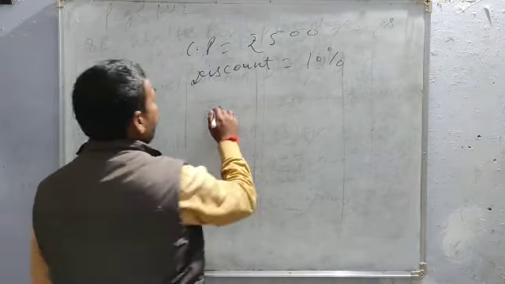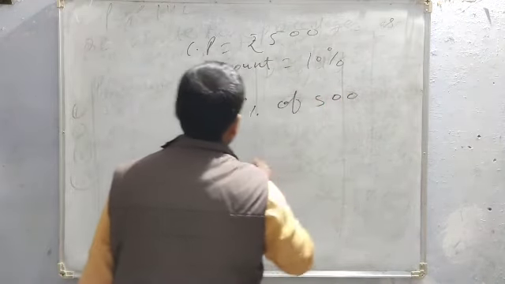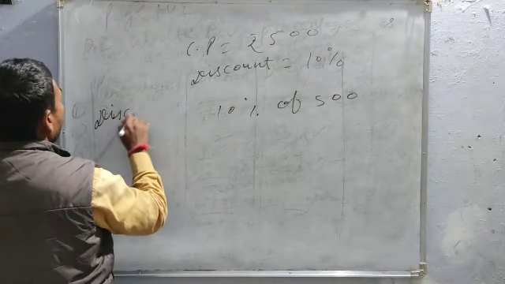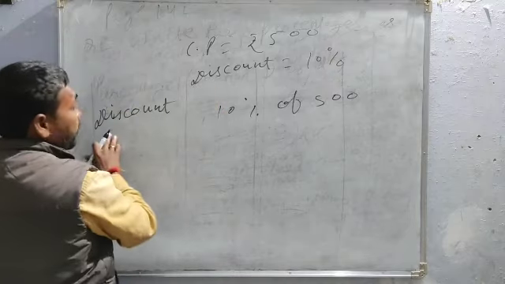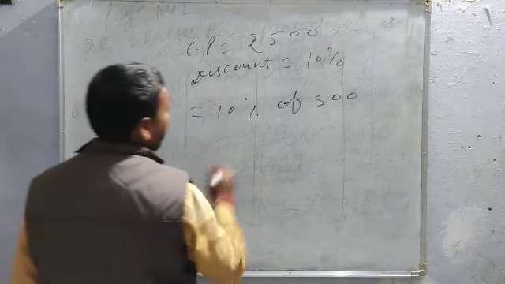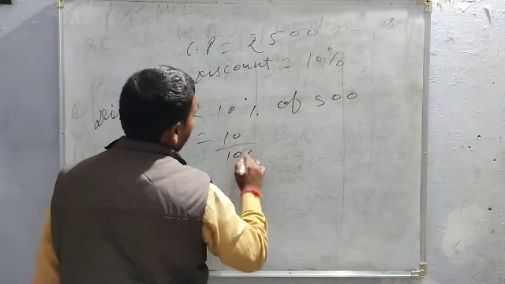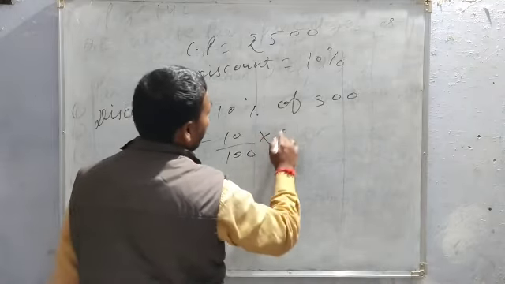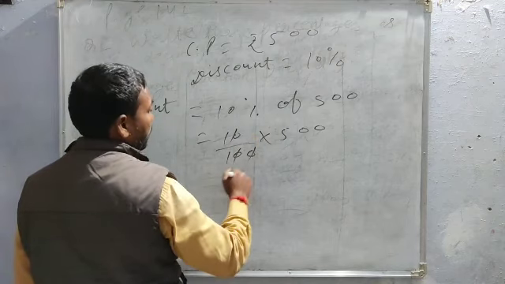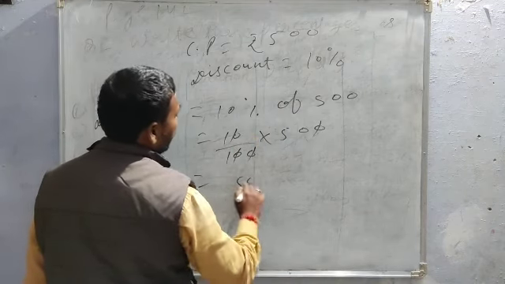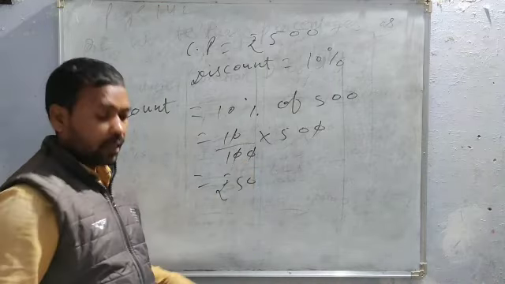Suppose you don't know how much the discount will be; the discount percentage is given, and you are going to find the discount amount, 10% of 500. To remove the percent, 10% means 10 by 100, multiplied by 500. This 0 can be cancelled, this 0 can be cancelled, 1 times 50 is 50 rupees. So you can easily find the percentage of a given quantity.